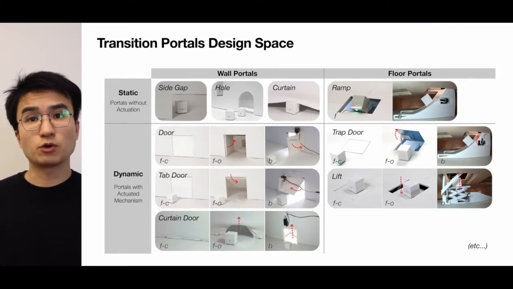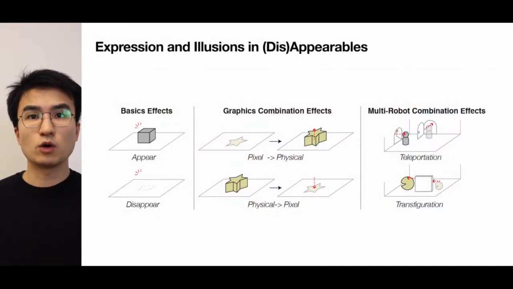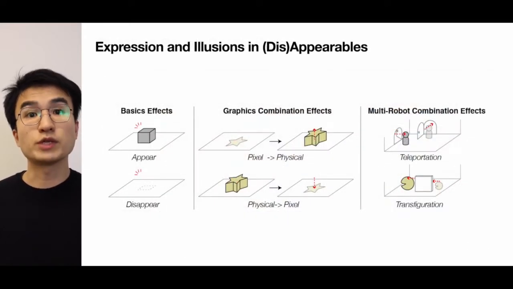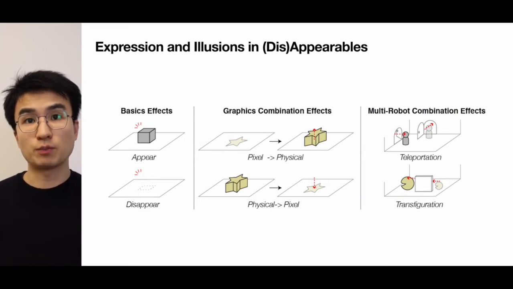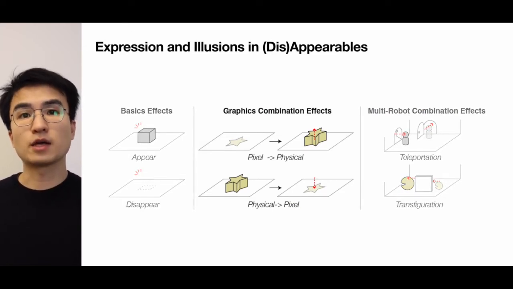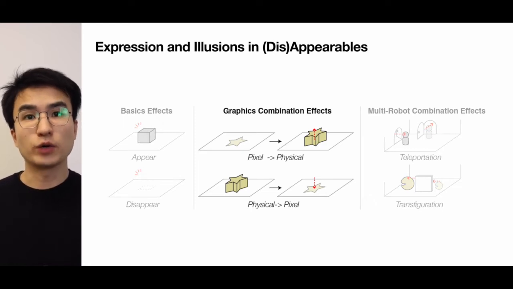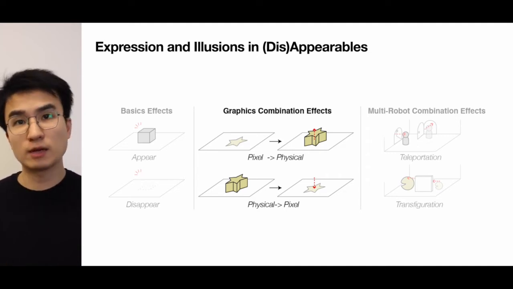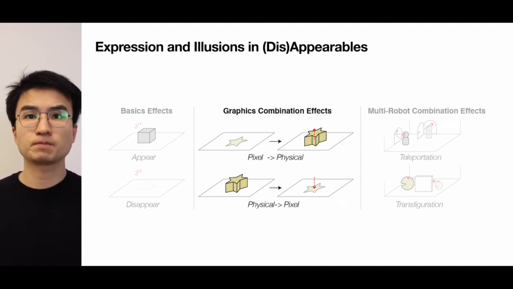These transition portals facilitate the expression of appear and disappear. We also have this design space for the rich expressions or illusions our approach can convey. For example, by combining the basic effect of appear and disappear with graphics like a display or projector, the system can create expressions of transition between pixel and physical.